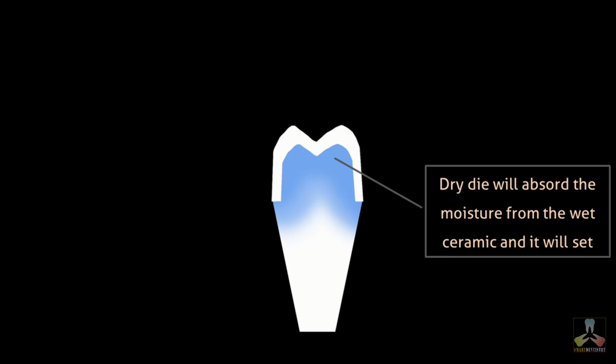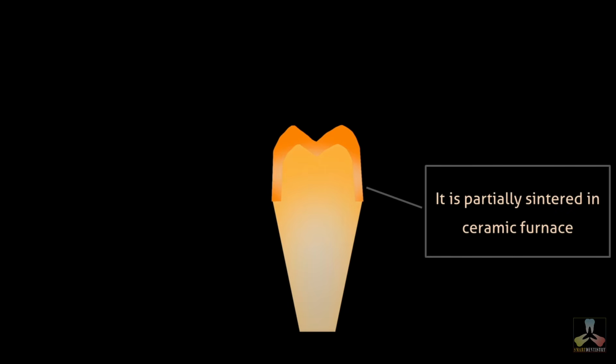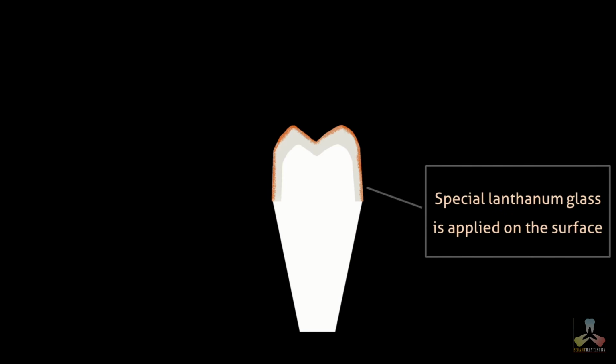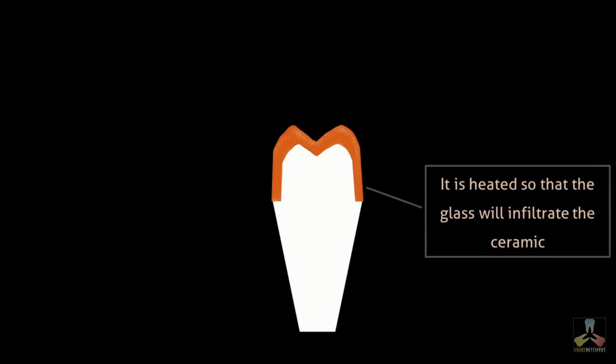It gains strength, but it will still be weak. In order to strengthen it, it is partially sintered in a ceramic furnace. To make it extremely strong, a molten lanthanum glass is painted on the surface of the partially sintered structure. It is then heated in a ceramic furnace for an extended time as recommended by the manufacturer.